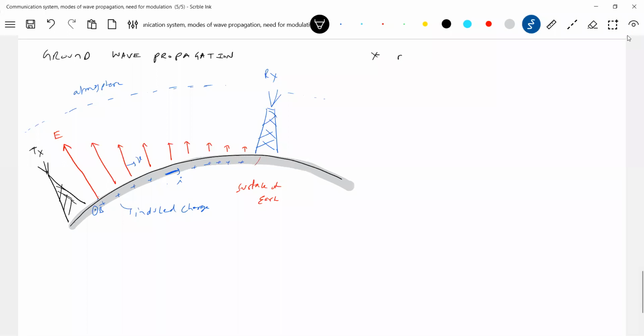Who is the medium or channel? The surface of the earth. The surface of the earth is responsible for transmission of the ground wave.